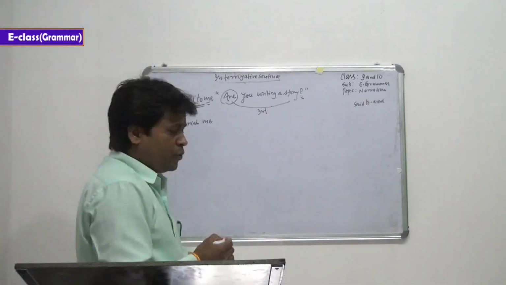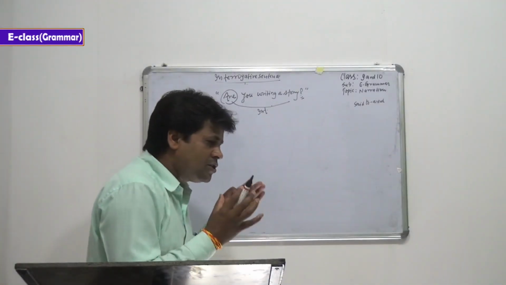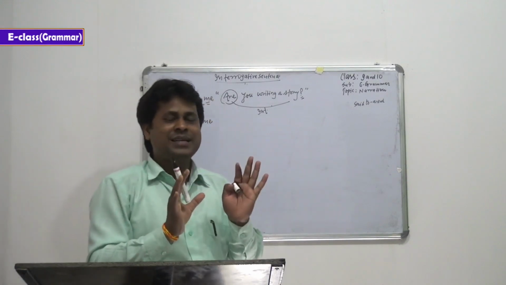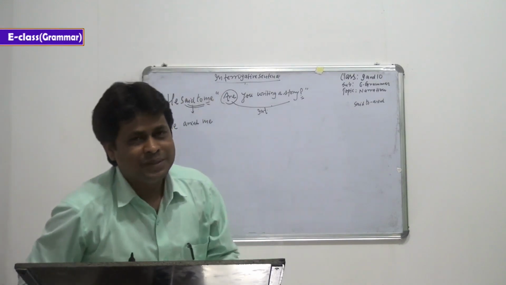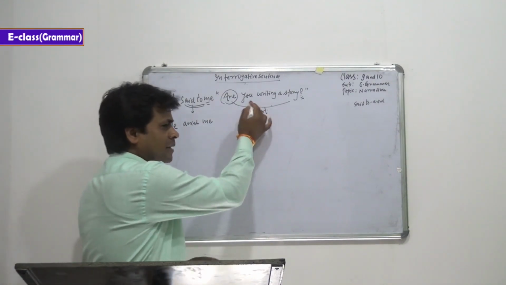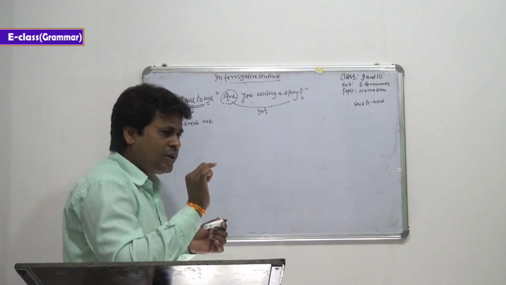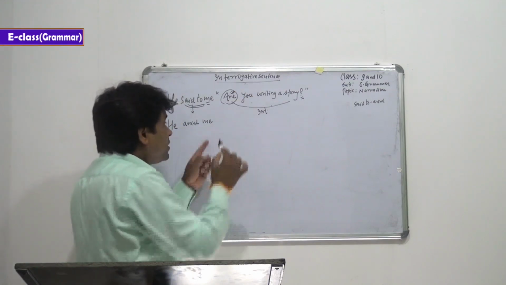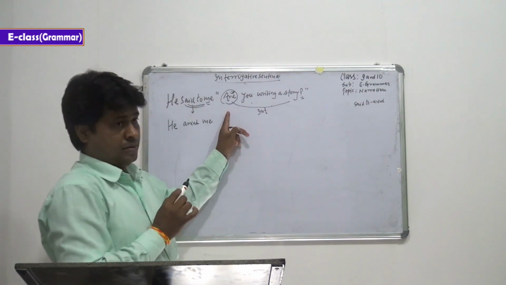Now, will you use that here as a conjunction? No. If you use that, it becomes wrong, because this is an interrogative sentence. This has started with an auxiliary verb.